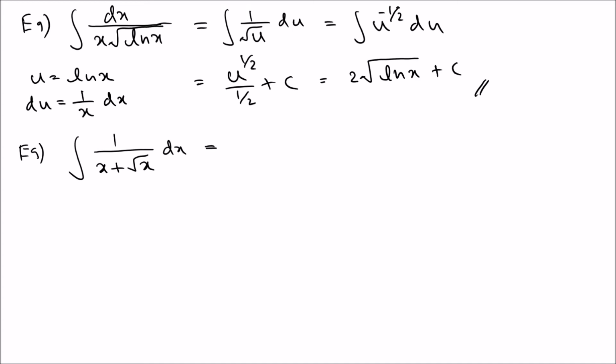So maybe the substitution may not be clear very well, but if you get a problem like that, what we normally do is we go to the smallest power actually here. So I'm going to pick that one. So u equal square root x.